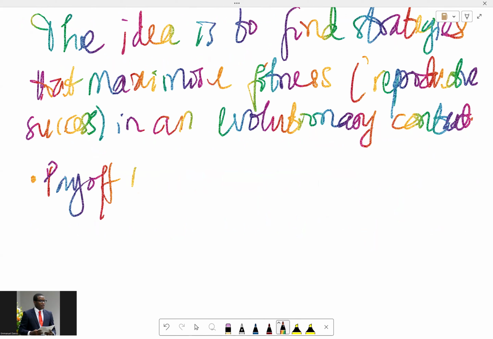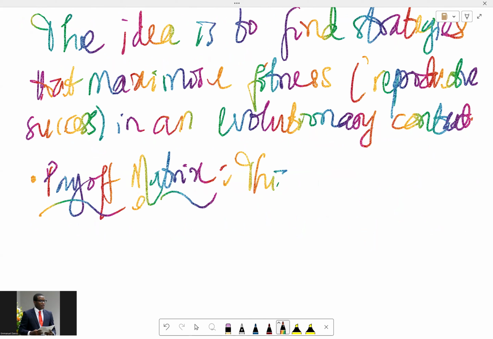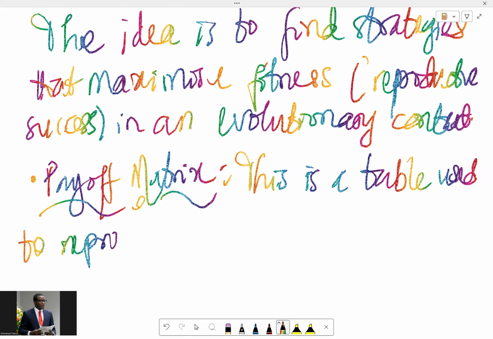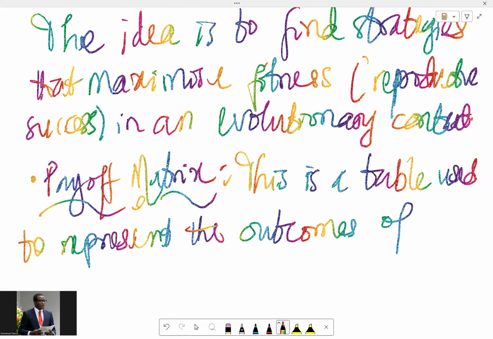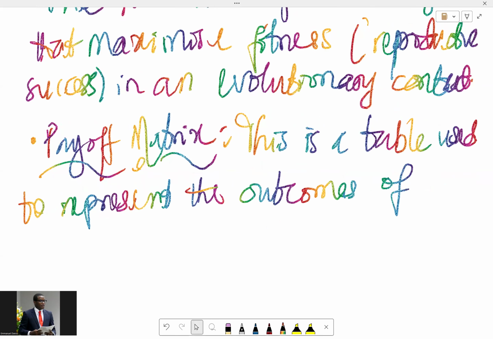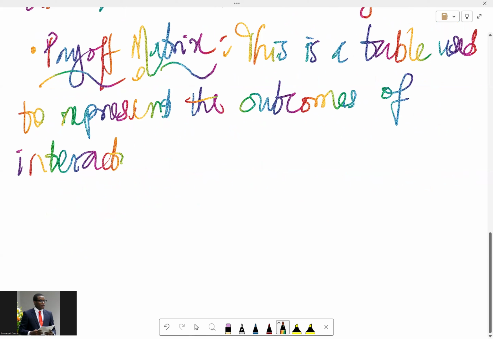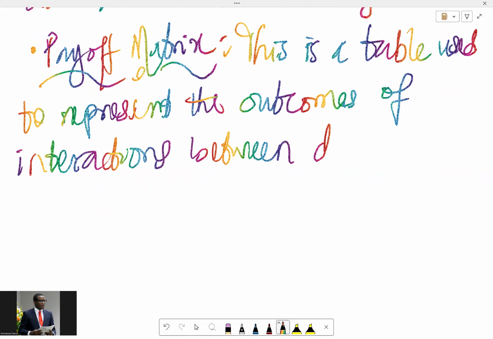The payoff matrix has been mentioned already, but in the context of evolutionary game theory, EGT, the payoff matrix is a table used to represent the outcomes of interactions between different strategies.